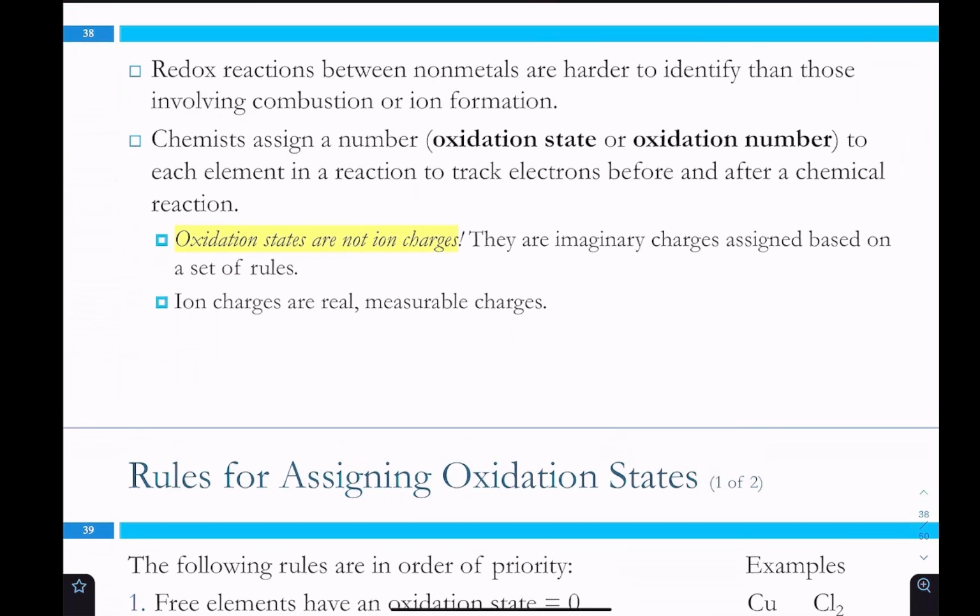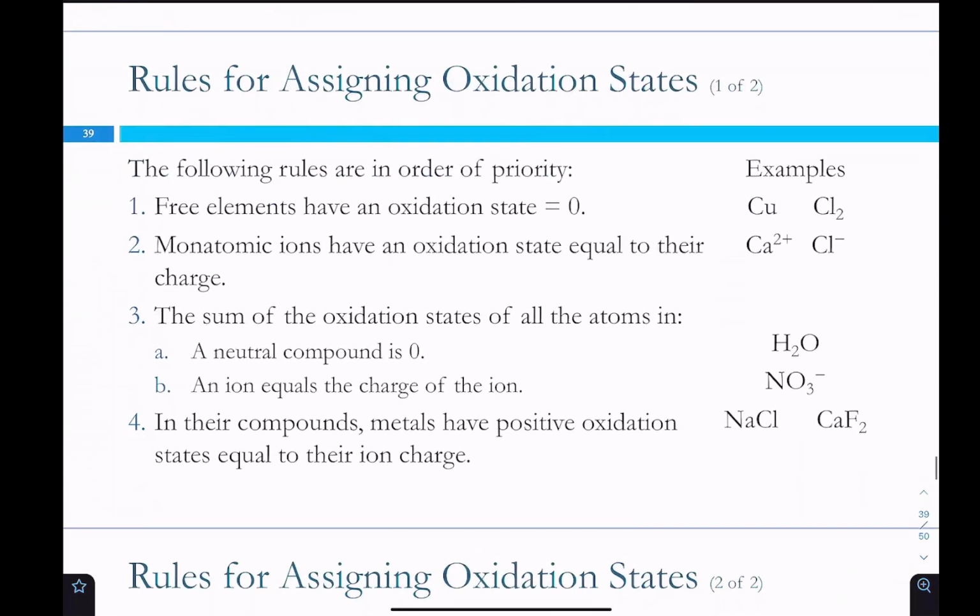More specifically, you can measure an ion's charge. The oxidation state is just, again, a bookkeeping system for electrons. So we have to assign oxidation states for any given chemical reaction so that we can determine if those oxidation states change, because it's when the oxidation states change that we have a redox reaction. Any other time it would be some other type of reaction.